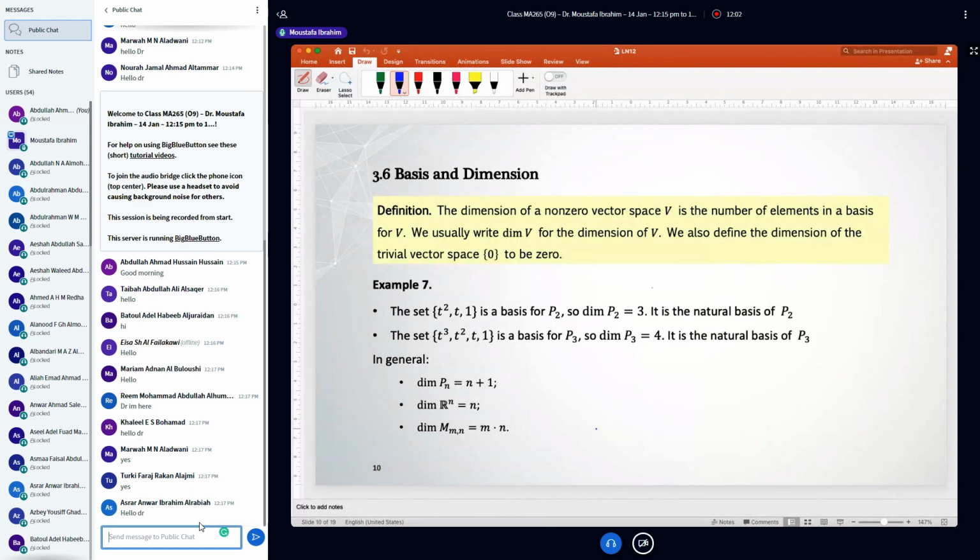So we have seen basis and dimension, and we have seen the dimension of Pn. What does Pn mean? Pn means polynomials with degree maximum equal to n, and in addition the zero polynomial, because it has no degree. And we have seen the standard basis, or the natural basis. So we say natural or standard.